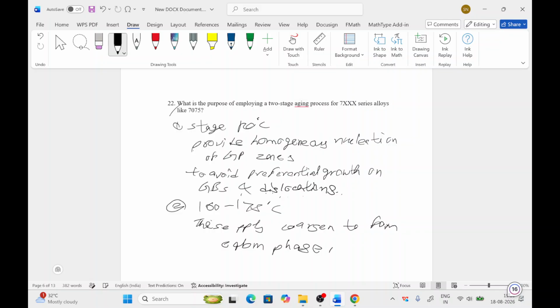By this method we can maintain the ductility with this two-stage aging process.